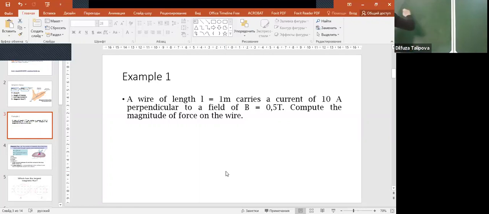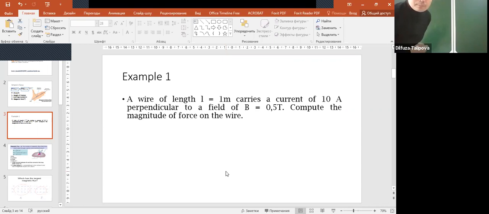And the current is carried in this direction. This is the current I. It is going to move in this way. This one is the wire, and I is equal to 10 amps.